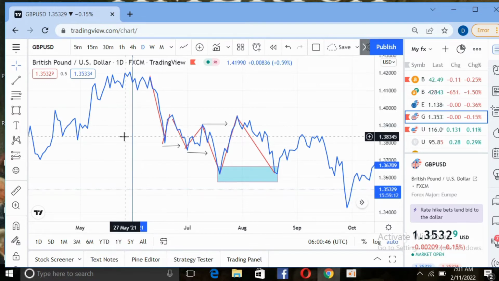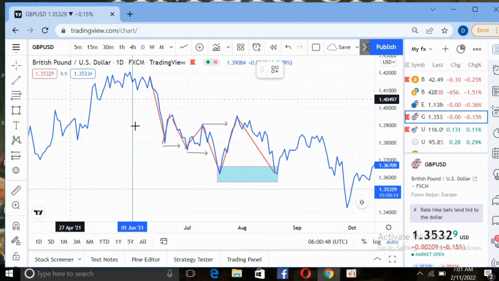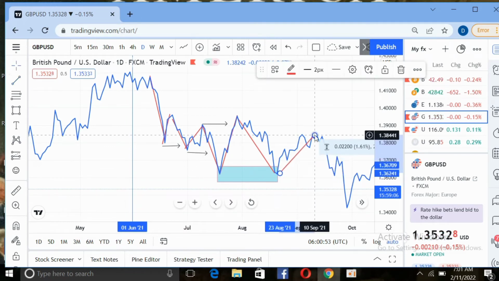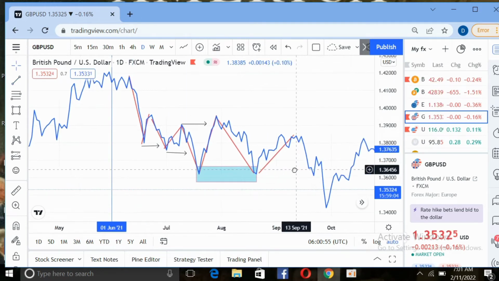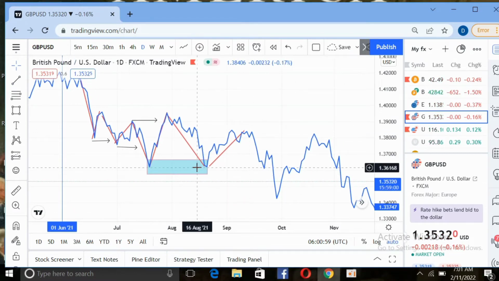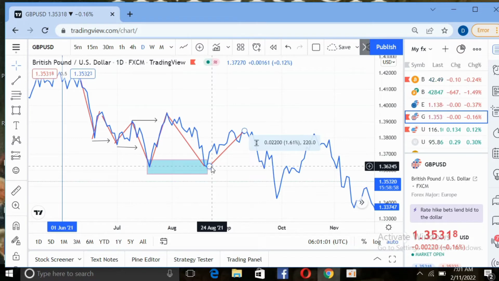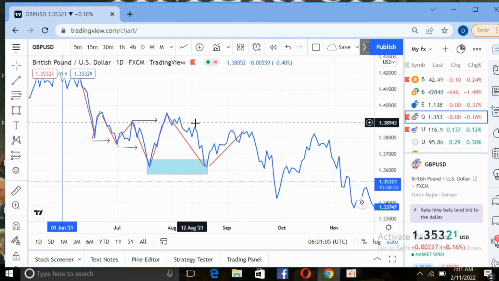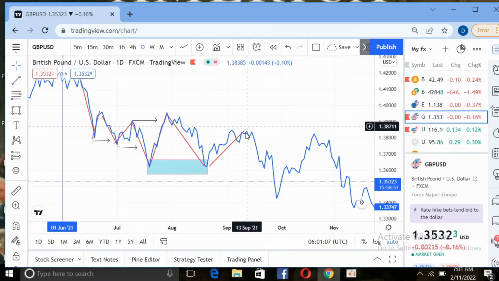We anticipate price to get to this path, so we are still on the buy side. Stay on the buy side, looking for buyers. So if you buy this market here, fine, it's valid.